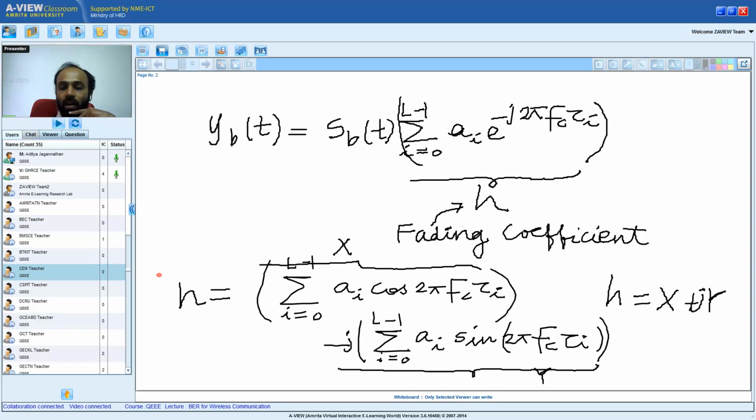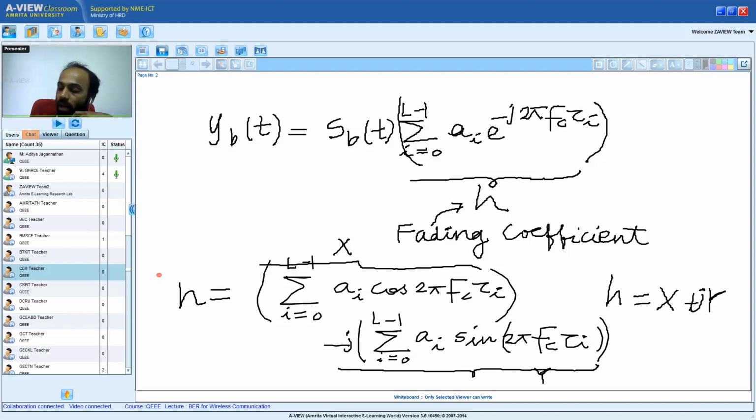Now look at this, each x and each y is the sum of a large number of random quantities, because each a_i and each tau_i is random. Each x is summation a_i cosine 2 pi f_c tau_i, each y is summation a_i sine 2 pi f_c tau_i. Therefore, each x and y are sums of a large number of random variables. Such random variables can be modeled using the Gaussian random variable.